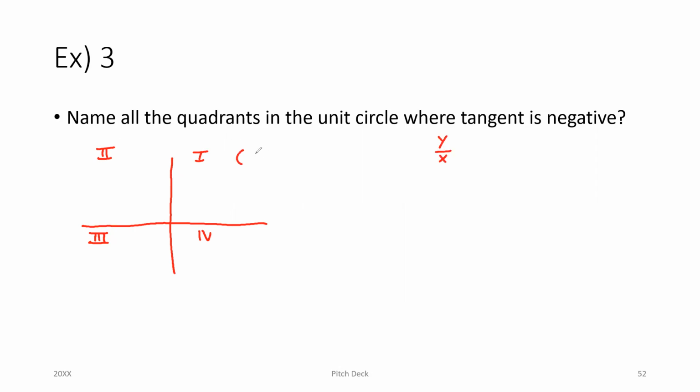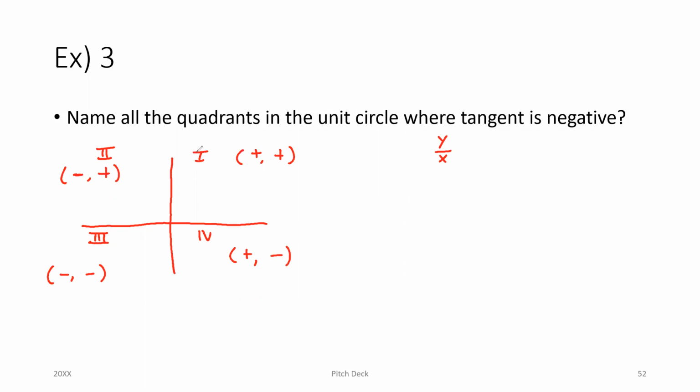So in quadrant 1, the x coordinate is positive, and the y coordinate is also positive. In quadrant 2, the x coordinate is negative, and the sine is positive. In quadrant 3, the cosine is negative, and the sine is negative. And in quadrant 4, the cosine, or the x, is positive, and the y is negative.